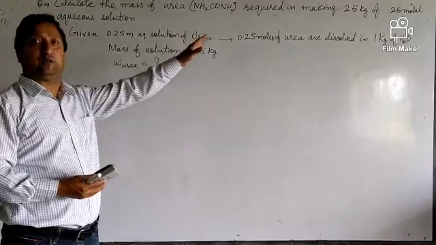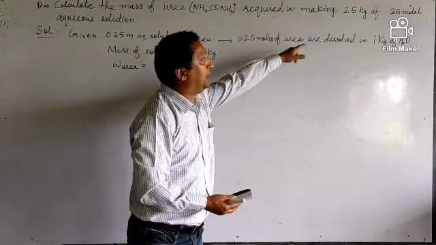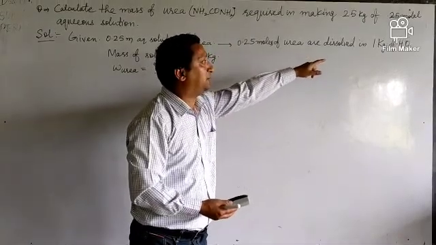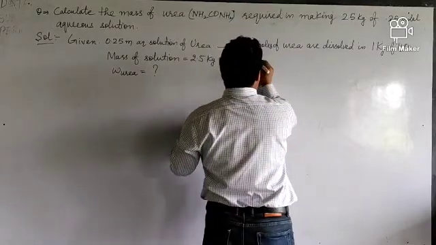Here solvent is water, solute is urea. So 0.25 moles of urea are dissolved in 1 kilogram of water.